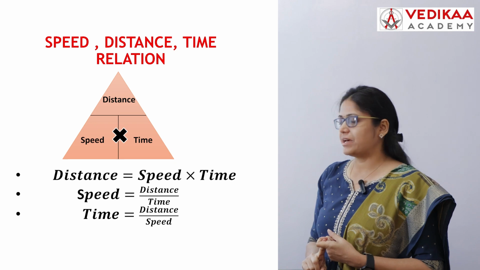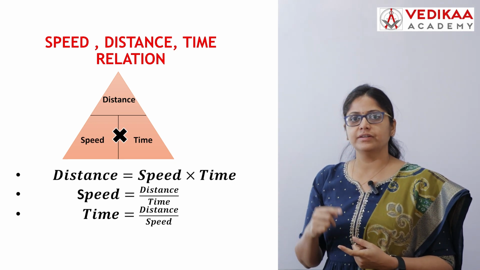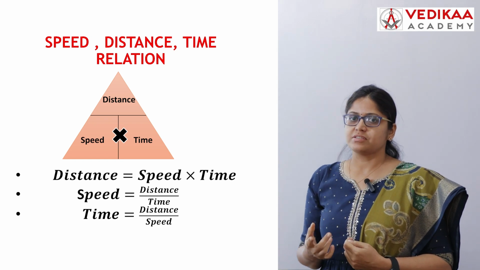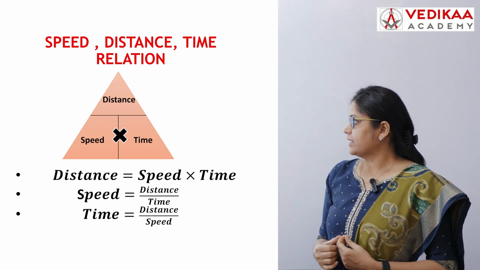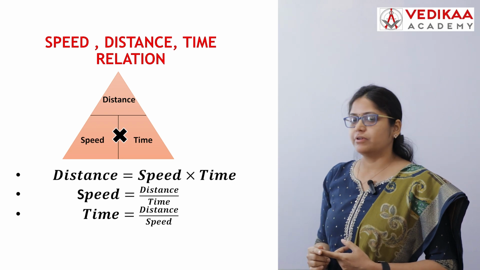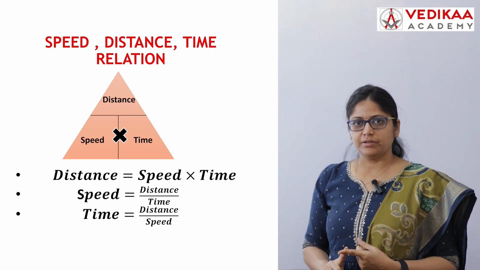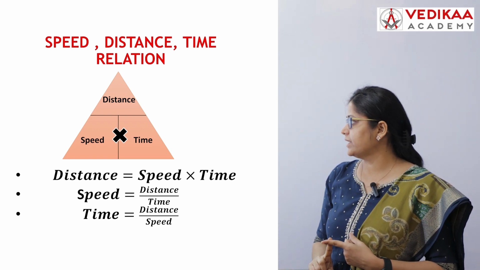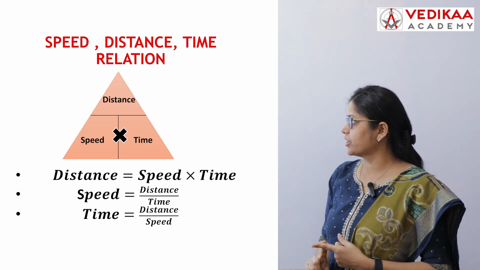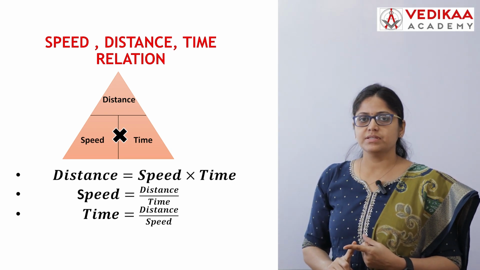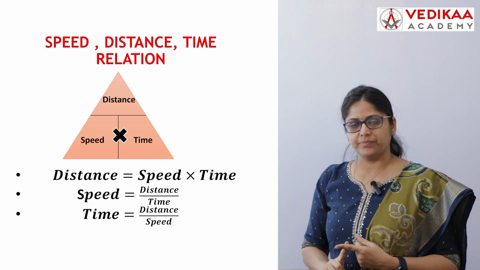What formula are you getting? Distance upon time, right? So speed is equal to distance upon time. And the last one, if you have to calculate the time parameter, you have to hide this time parameter from the figure. If you hide it, what formula are you getting? Distance upon speed. So time is equal to distance upon speed.